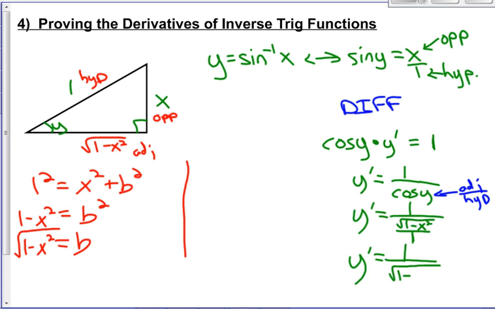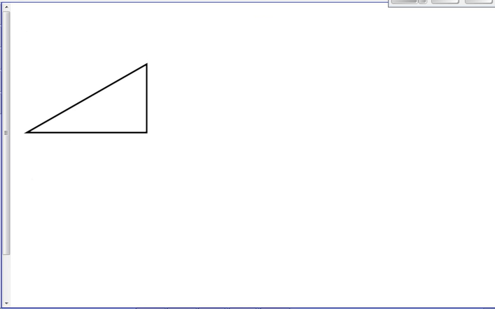So by the time I'm done, I end up with this expression. Meaning that if y is the inverse sine of x, its derivative is 1 over root 1 minus x squared. We can similarly prove the other ones, and we'll do it fairly quickly here, but feel free to skip ahead if you've got the idea.